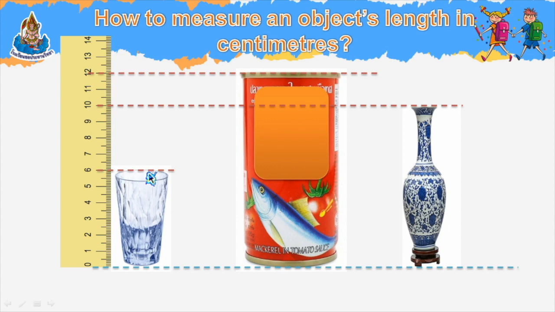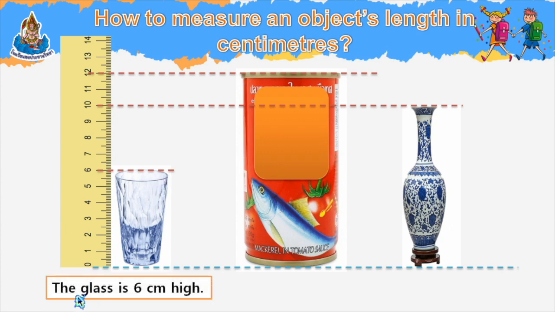It is 6, right? 6 centimeters long. Oh no, this time it's not long. It should be 6 centimeters high. The glass is 6 centimeters high.